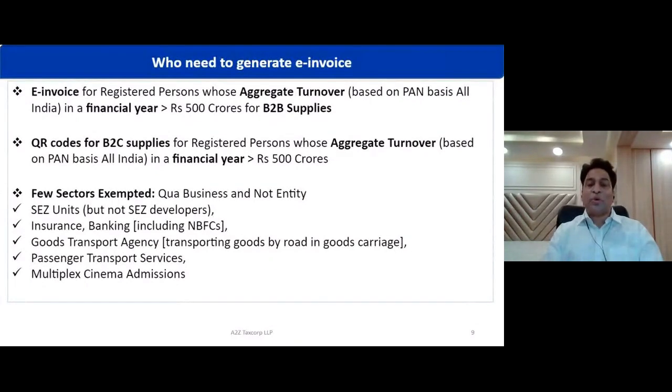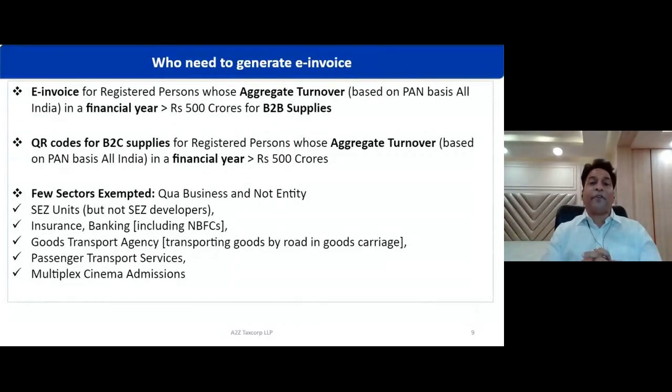Let me ask one question to all of you. Let's say I'm a registered person, ABC Company Limited. I got 450 crore rupees aggregate turnover coming from an SEZ unit and 100 crore rupees turnover coming as a DTA, a normal taxable person, total 550 crore.